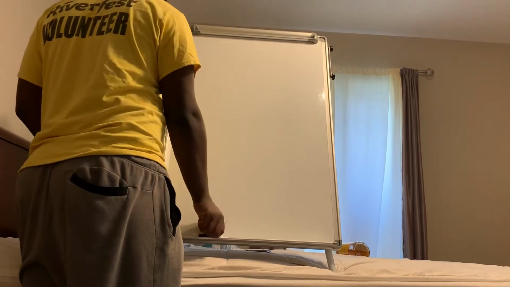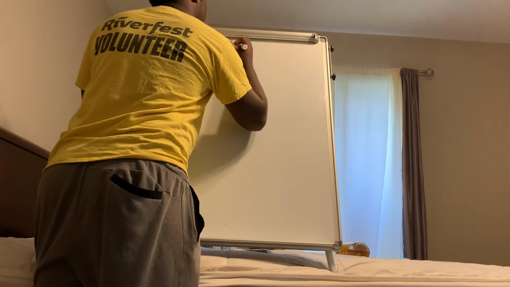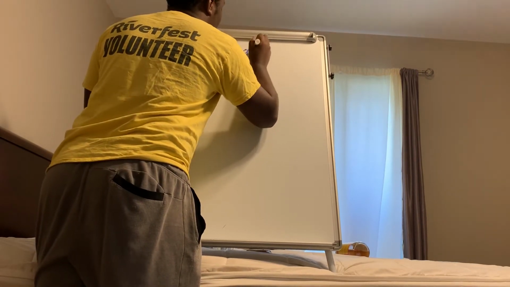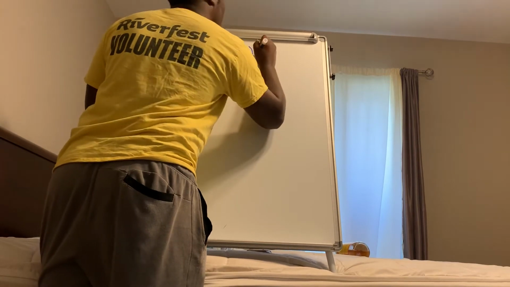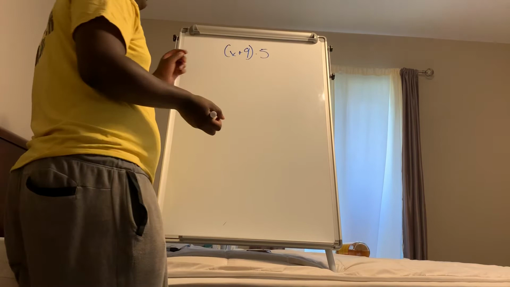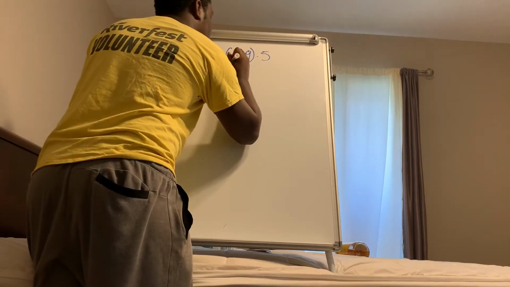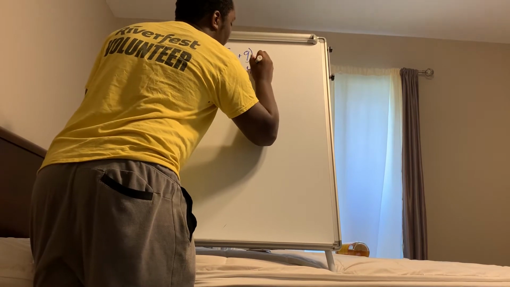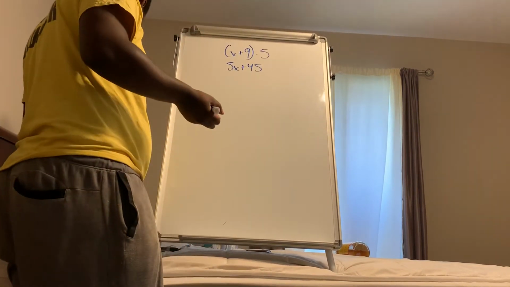The next question we have is x plus 9 times 5. Distributive property, 5x plus 45.